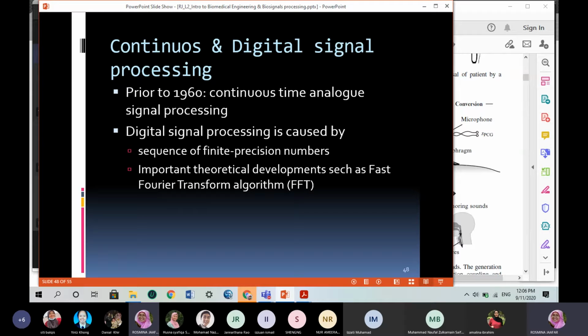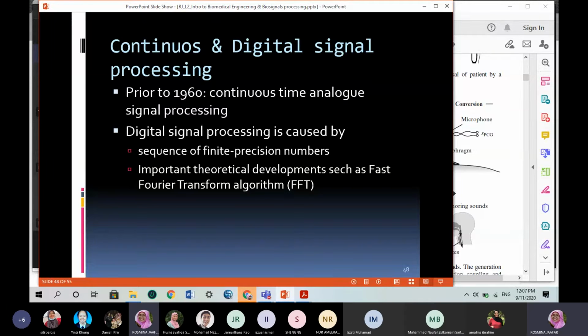Even in the 1970s, the size of a processor for a computer was the size of a room. But nowadays, you have a processor in your telephone, your smartphone. It's like your computer. So with electronic technology advancement, the digital world is available to everybody.